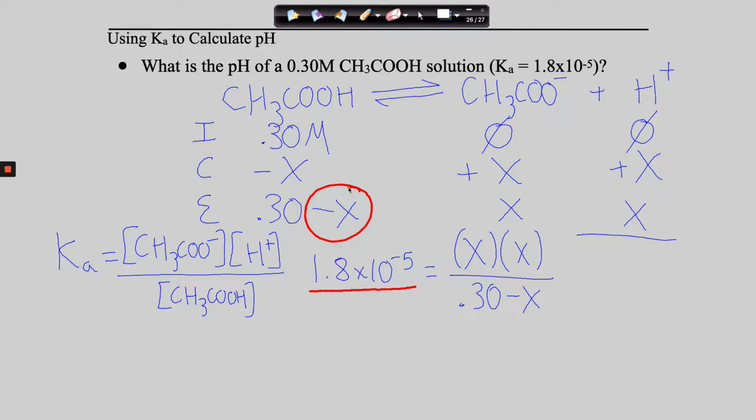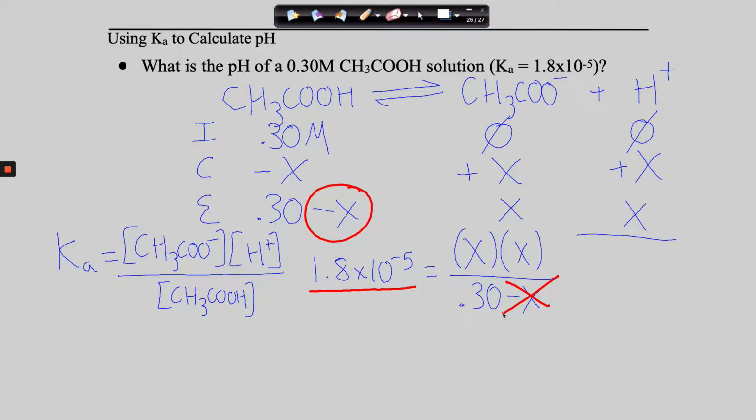So guys, this is what we do. We say that we can disregard this. Do it in your math. Guys, get rid of the minus x. Why can we get rid of the minus x?